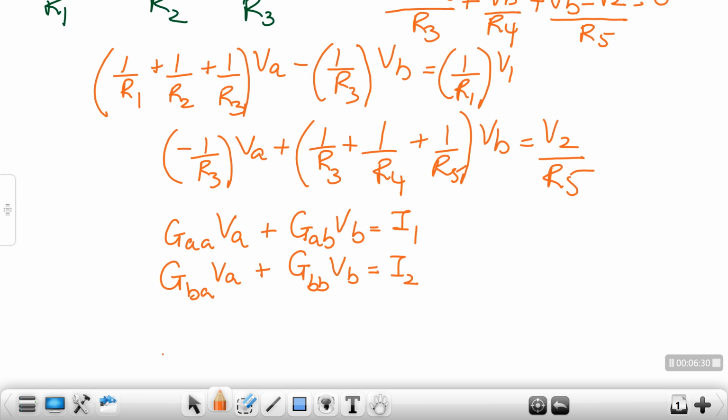That is nothing but G into V is equal to I. These are the general form of equations.